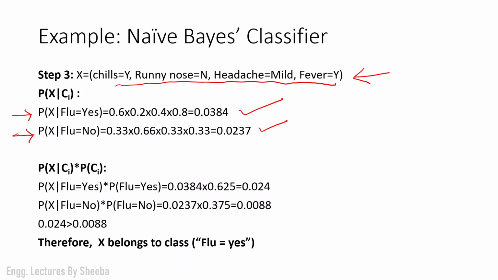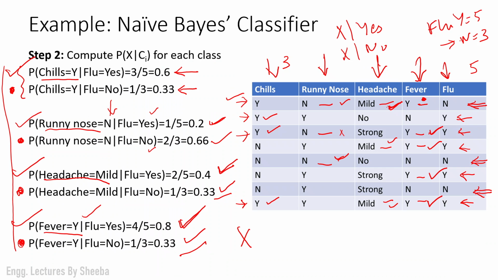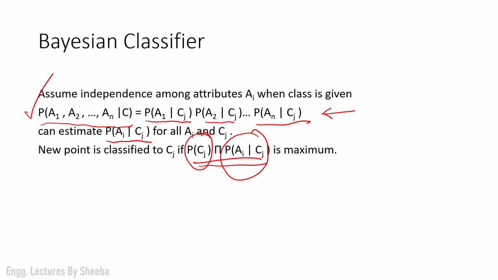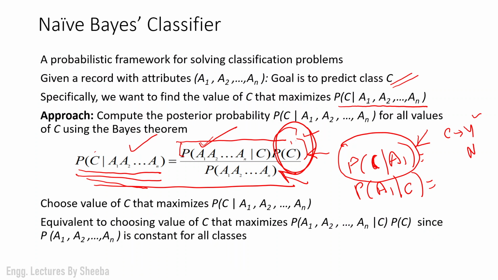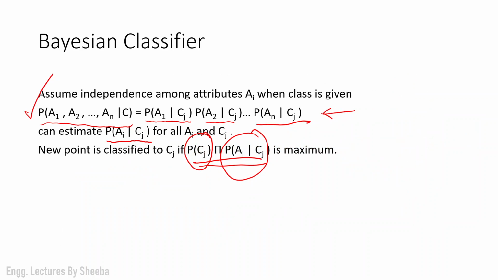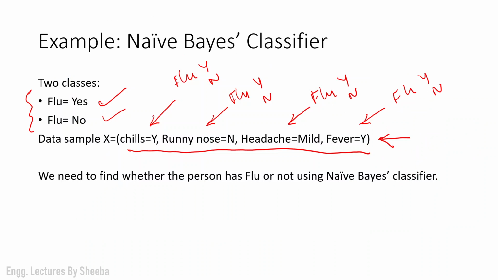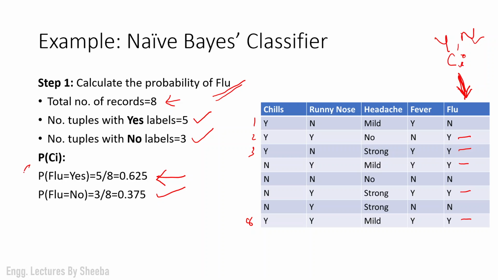Now what is the final probability? Because you have found this one here, what is that in the equation for Naive Bayes theorem? In Naive Bayes theorem, you have to multiply it with the original probability, that is the probability of C. What is the probability of C we have found initially? That initial probability is these two things, that is P of C, 0.625 and 0.375.